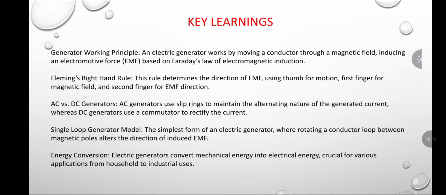AC versus DC generator: the AC generator uses slip rings to maintain the alternating nature of the generated current, whereas the DC generator uses a commutator to rectify the current.